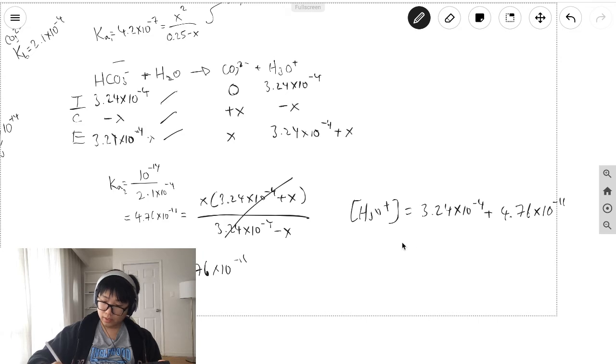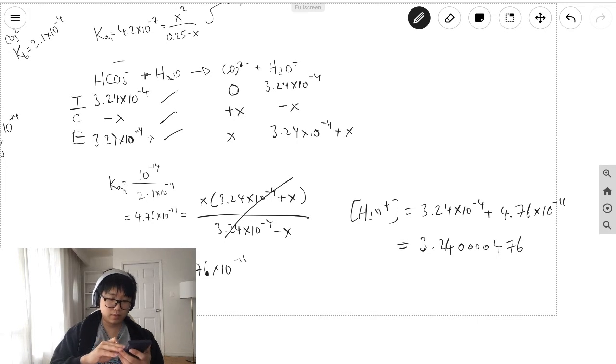Yeah. So if I take the negative log, the pH of that, it's probably going to be very similar to the one we got previously. So I'm going to get 3.24 0.000476 times 10 to the negative 4 still.